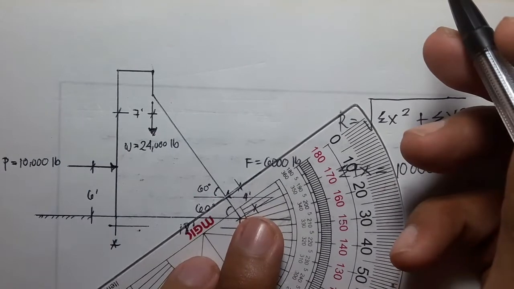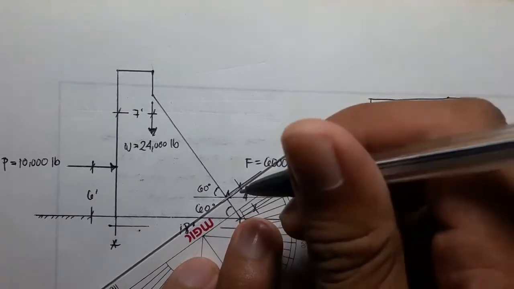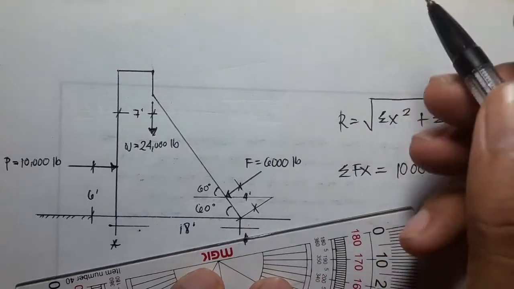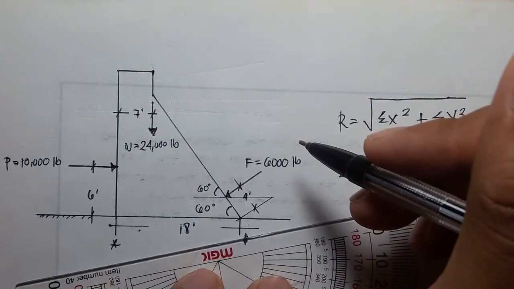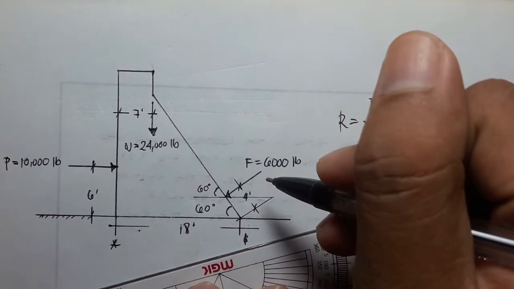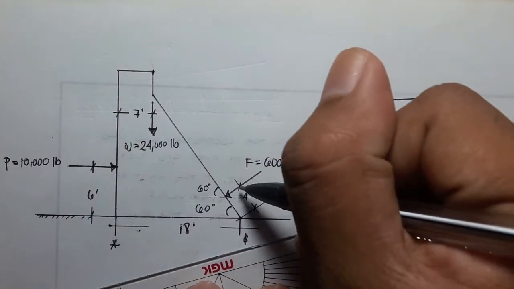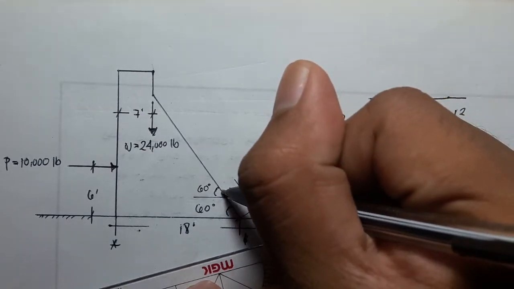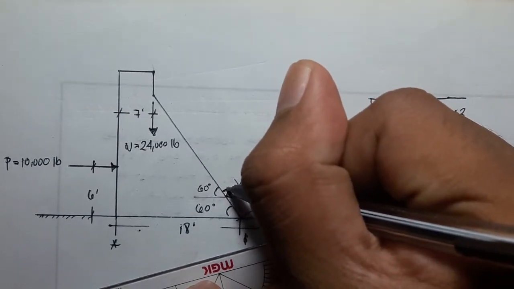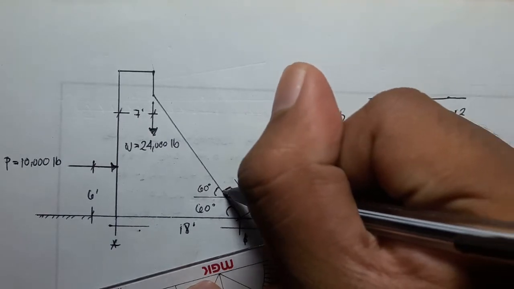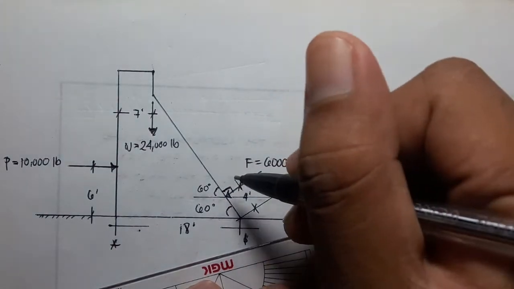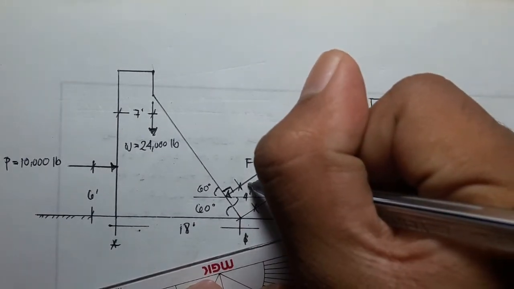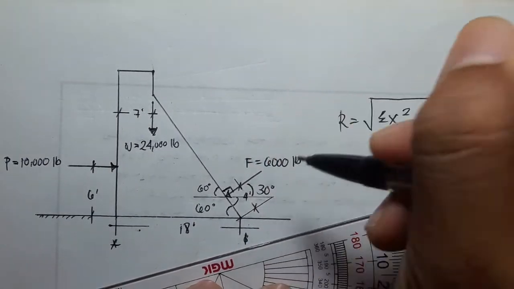If we have 30 here, then this is a perpendicular, right? 90 and 60, so basically the angle here is 30 degrees.